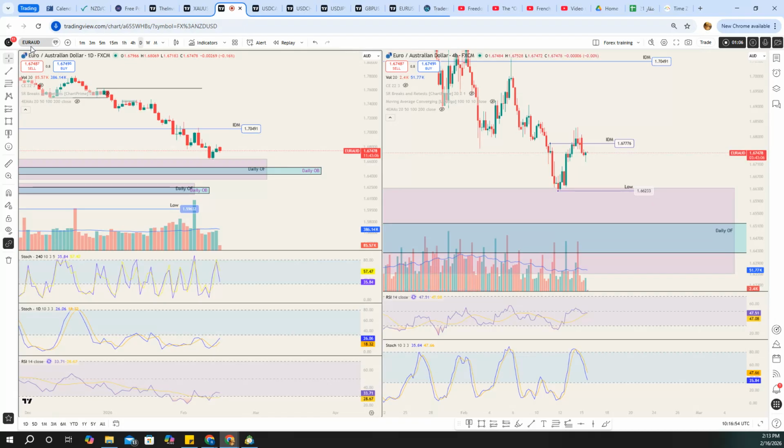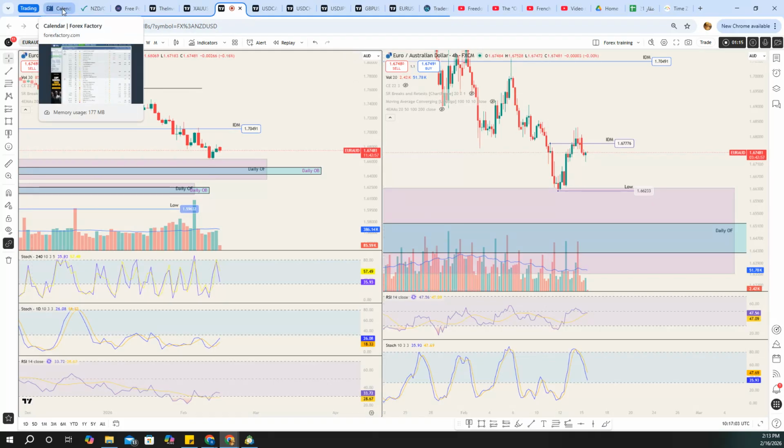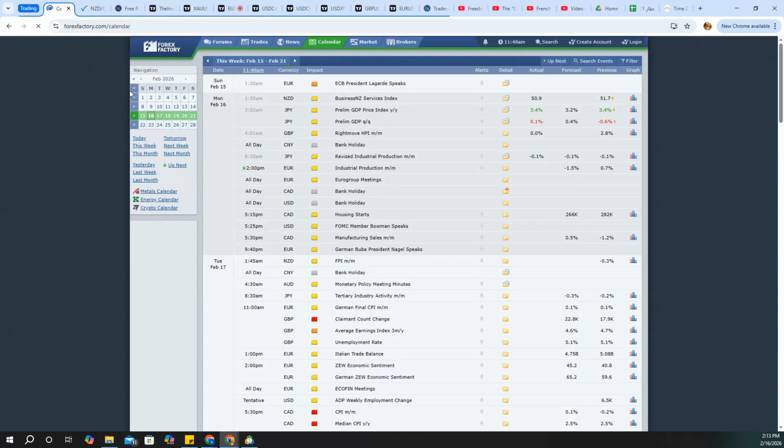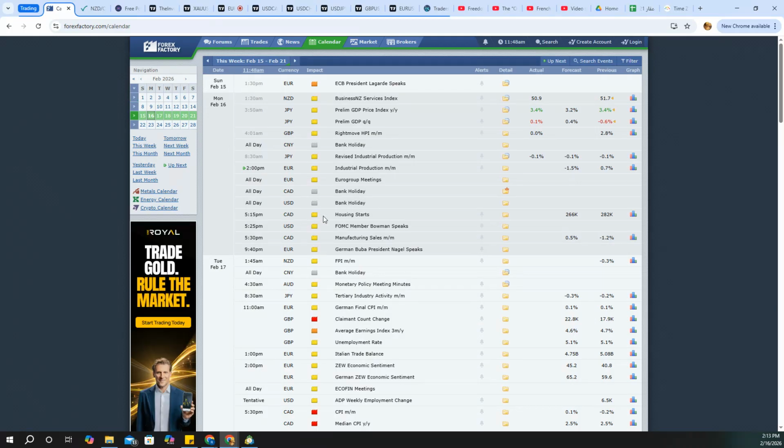So the symbol or the pair that caught my attention today is the Euro AUD, and the first step that I do before I start my trading session is I look at the calendar, and as you can see, Monday there is nothing but those gray areas. We can see the Canadian bank holiday and the USD bank holiday.